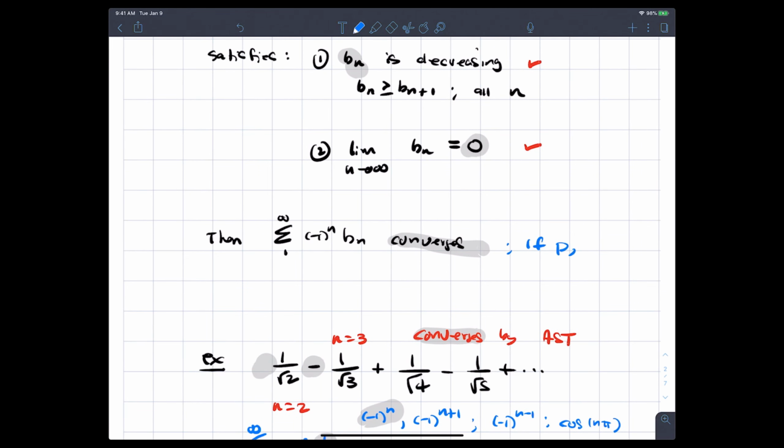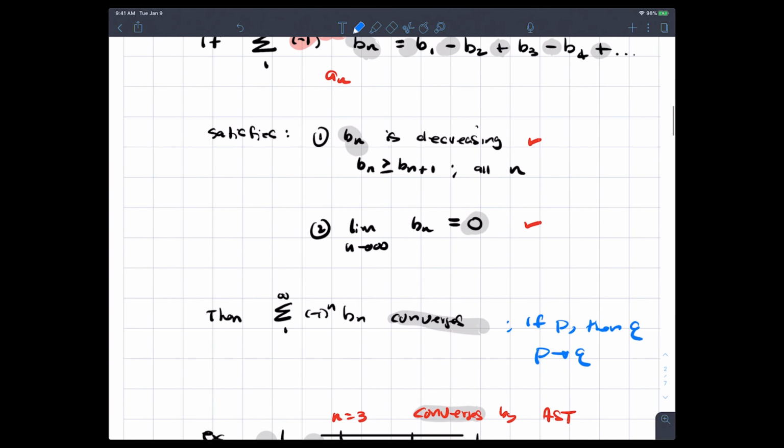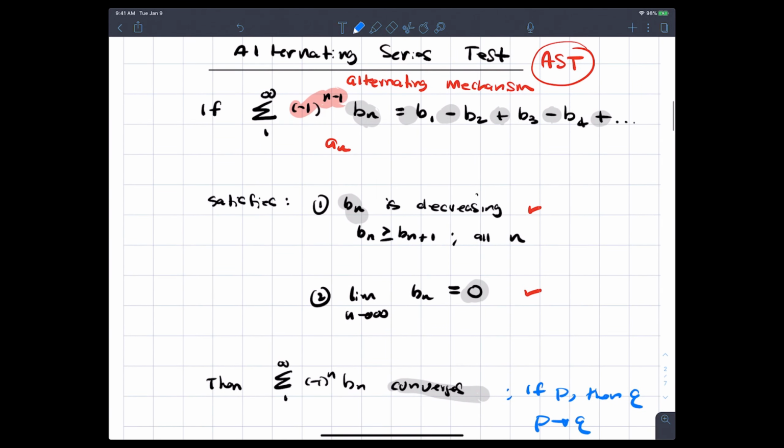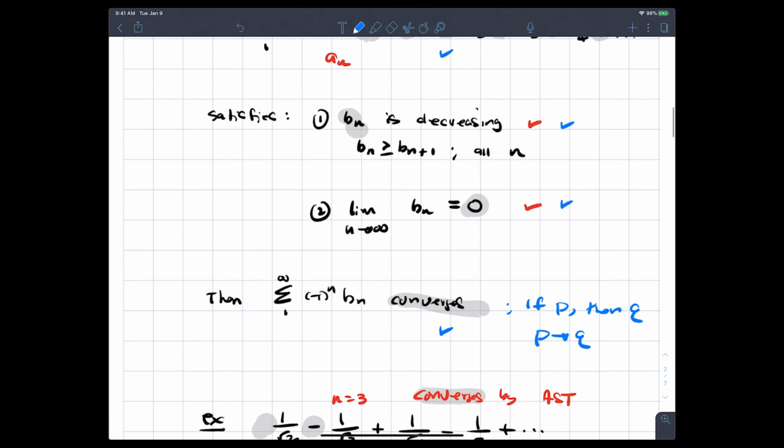You have if P, then Q. And this is a good illustration of this. If you have these assumptions satisfied, in the setting of an alternating series, it's decreasing, and that limit is 0, then you can conclude that the series converges.